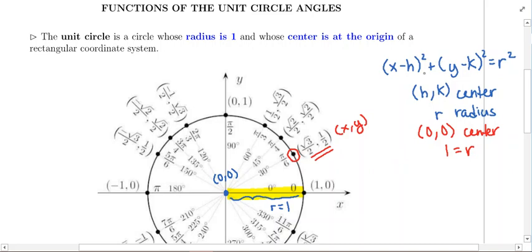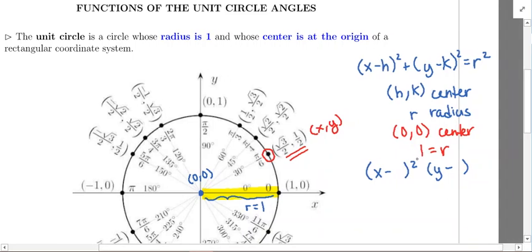When you're plugging in, x stays x, the minus sign comes with it, y stays y, the minus sign comes with it. Each of these is squared, you add those together, and on the other side you get the radius squared. You're plugging in the h, the k, and the r.